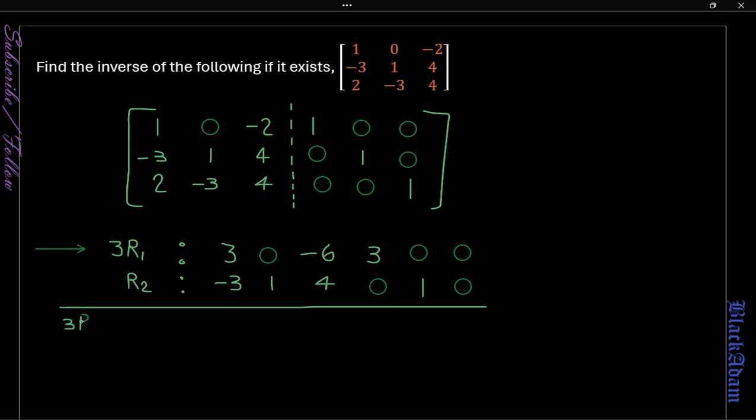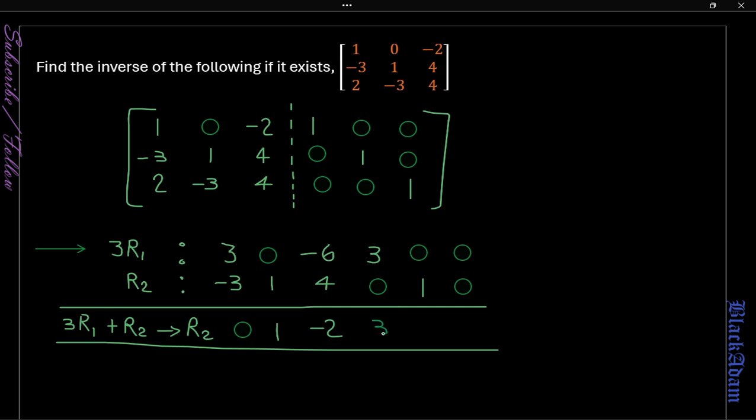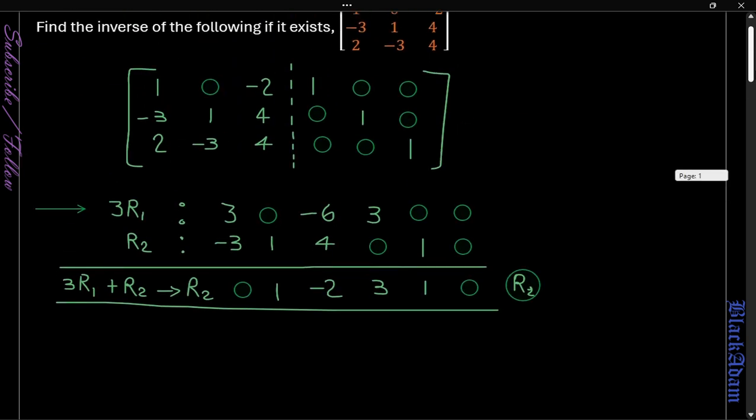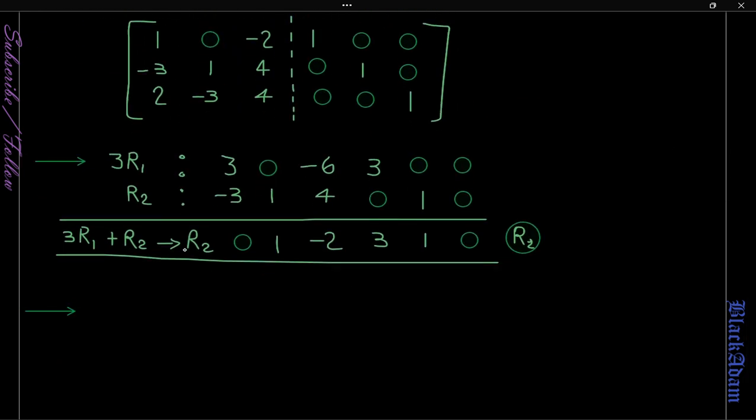So that's 3 times row 1 plus row 2. We put the information in row 2. So that's going to be 0 1, and that's going to be -2 3 1 and 0, and that's for row 2.